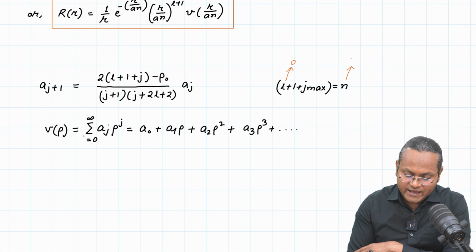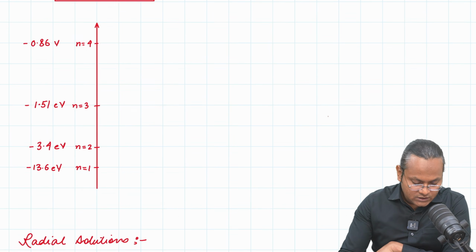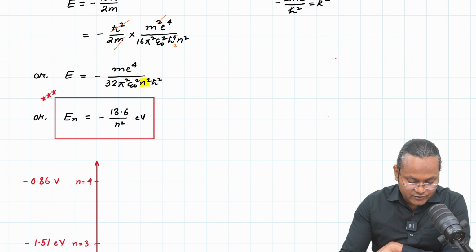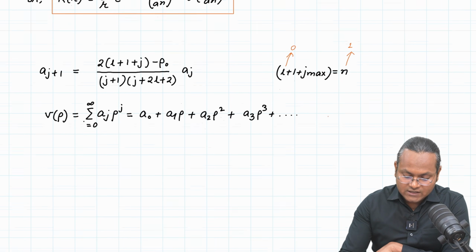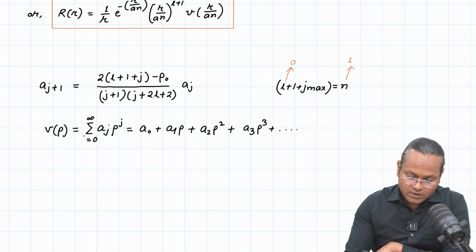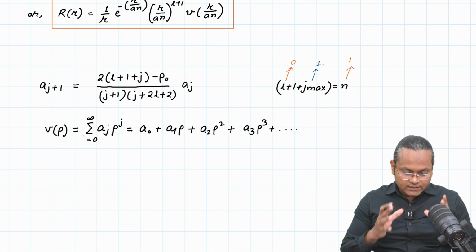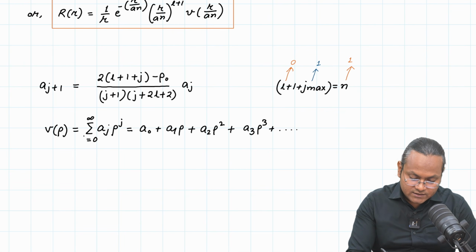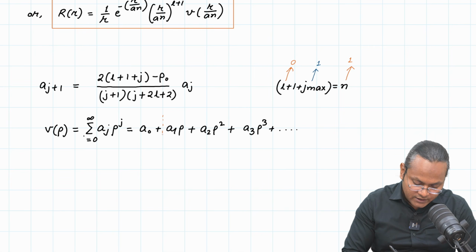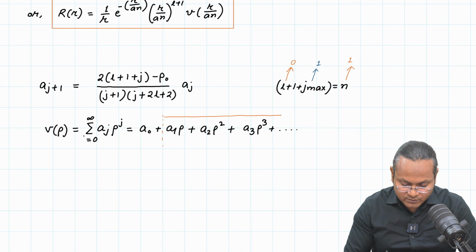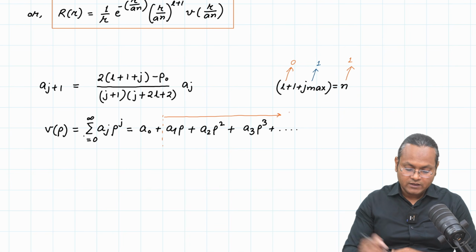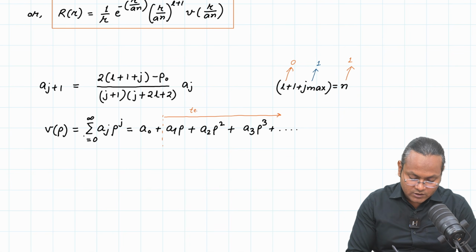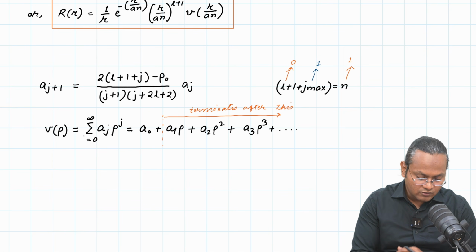The lowest possible value of N is, of course, 1, because we would not have a meaningful energy eigenvalue for N equal to 0. So N equals 1 is the lowest possible value. That means the lowest possible value for J max is equal to 0, and the entire series must terminate beyond this particular point. That means A1 must be equal to 0, A2, A3, A4, everything must be 0. The series terminates after this. We are just trying to obtain the ground state solution first.